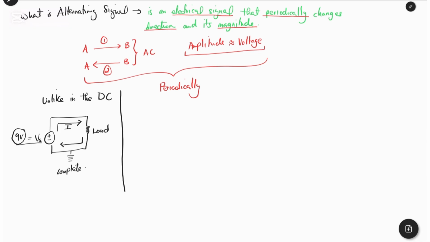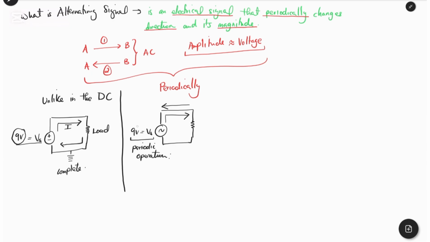What happens in the AC? When we have the AC, we can have the load, and in that case from the voltage source, if it is a 9 volts AC, then we say the current will flow in both directions. That means in the forward direction and also in the reverse direction. Because of this, there is a periodic operation that is done in the case of the direction.